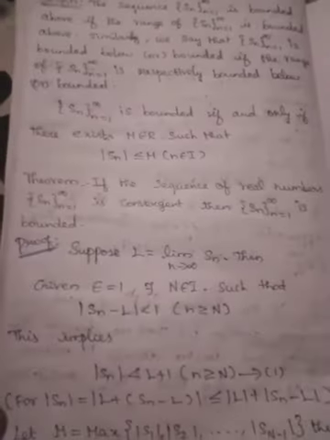Proof: suppose L equal to limit n tends to infinity Sn, then given epsilon equal to 1 there exists N belongs to I such that modulus of Sn minus L is less than 1, small n greater than or equal to N. This implies modulus of Sn is less than modulus of L plus 1, n greater than or equal to N. This is equation number 1, for modulus of Sn equal to modulus of L plus Sn minus L is less than or equal to modulus of L plus modulus of Sn minus L.